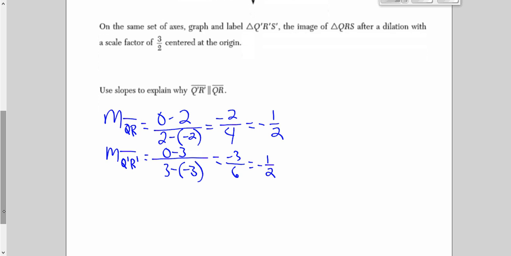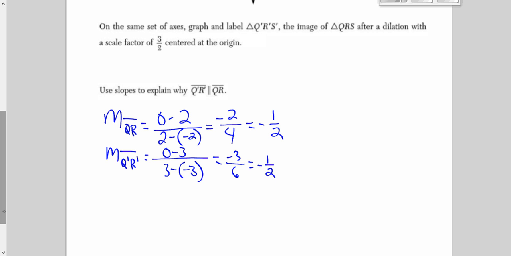What's the explanation? Why are they parallel? Segment QR is parallel to segment Q prime R prime because corresponding slopes are, well, we know the corresponding slopes are equal, since slopes are numerical, right? Or you can say they both have a slope of negative 1/2, so they're parallel.